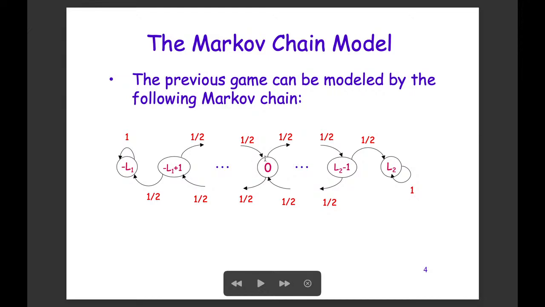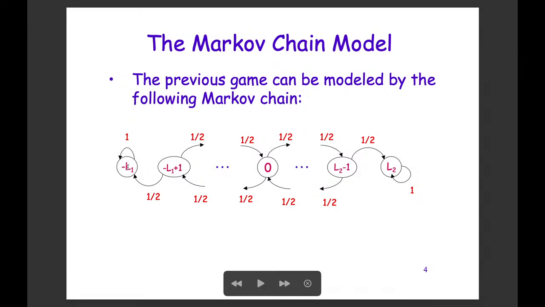Because we are dealing with a fair coin, at any intermediate state it will always have equal chance to go forward by one step or backward by one step. On the other hand, if it reaches the endpoints, then we will not escape anymore. With probability 1, we will stay in the same state forever.